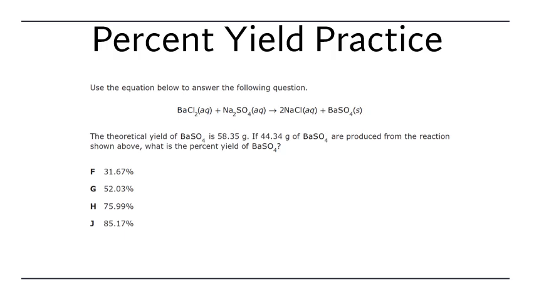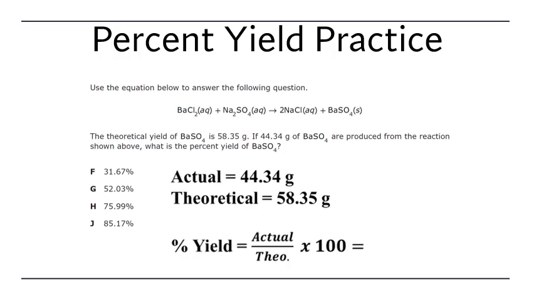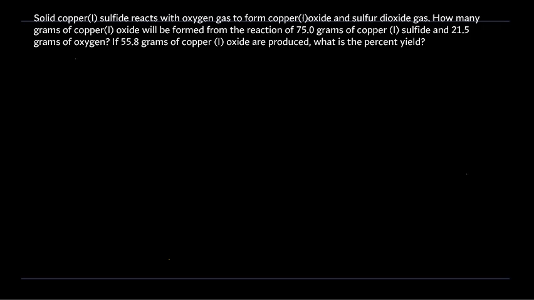So we have the theoretical yield 58.35 and the actual yield is 44.34, and then we can substitute in the formula, actual divided by theoretical times 100. That means we will have 44.34 divided by 58.35, we will have 75.99.